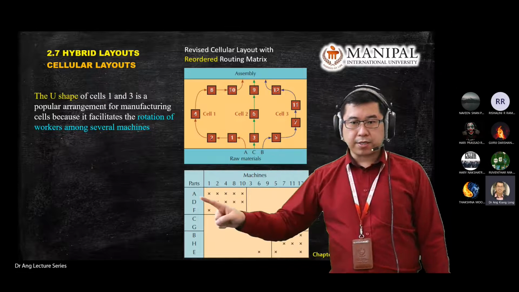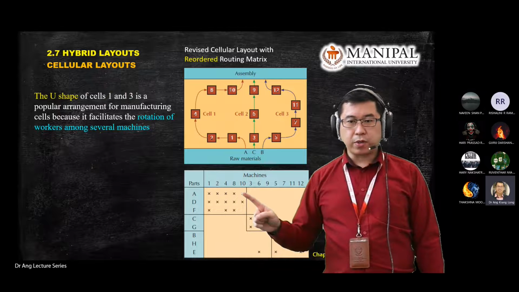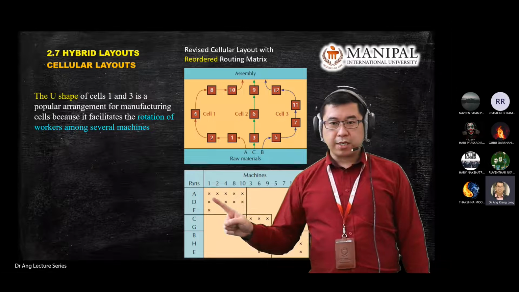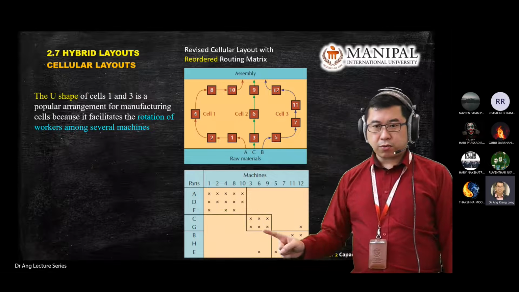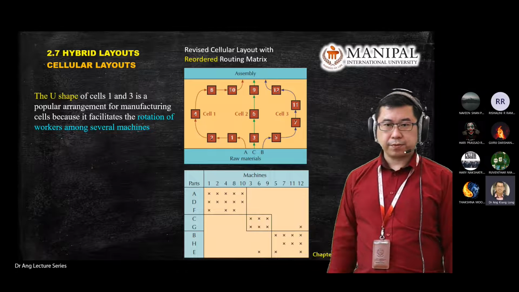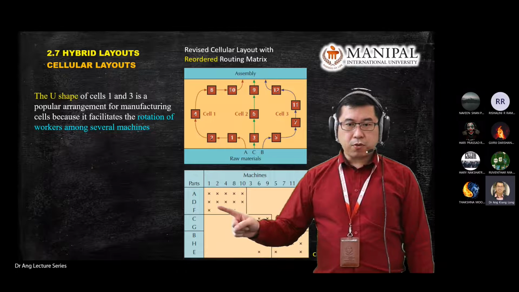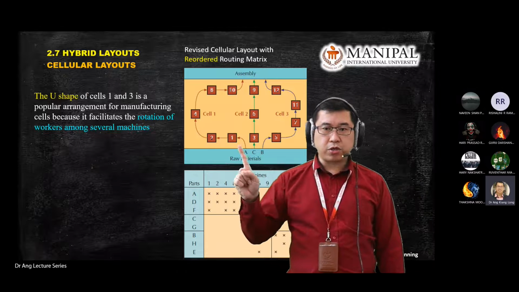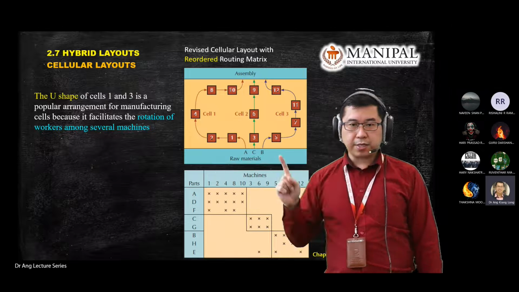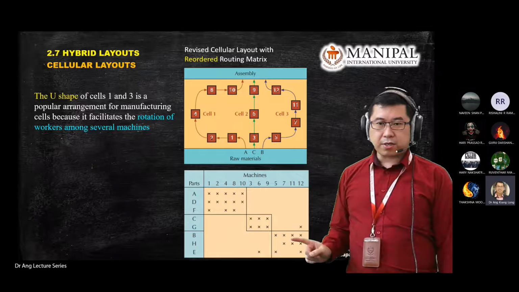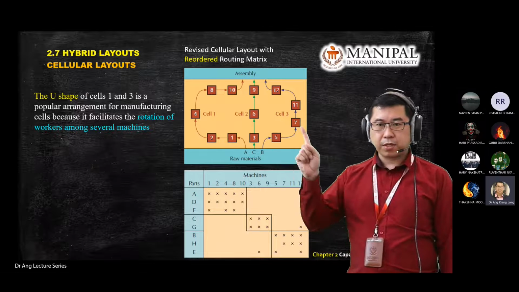This is cell 1. When you do group technology, this is called cell 1, cell 2, cell 3. For cell 1, you use a U configuration or U-shape cell for the process. And this one also, same, U-shape.